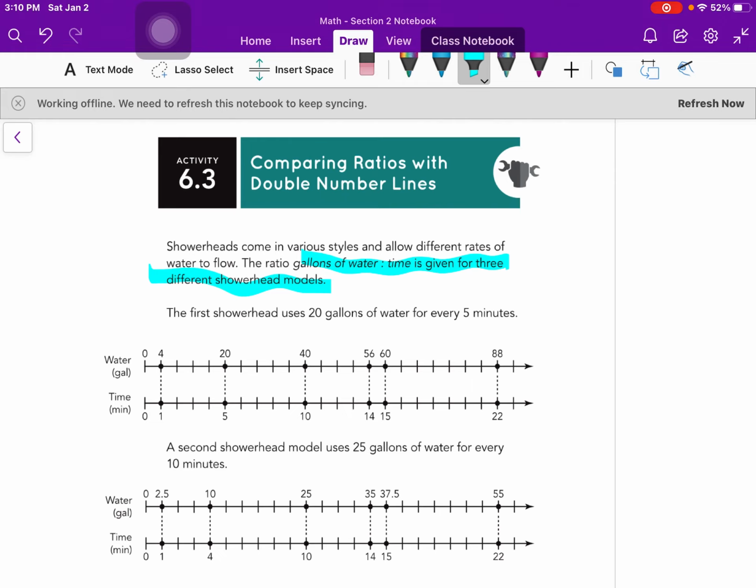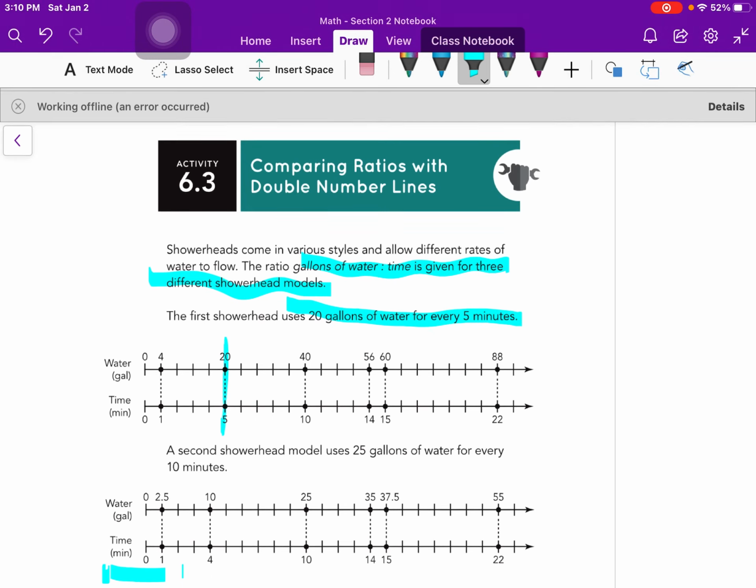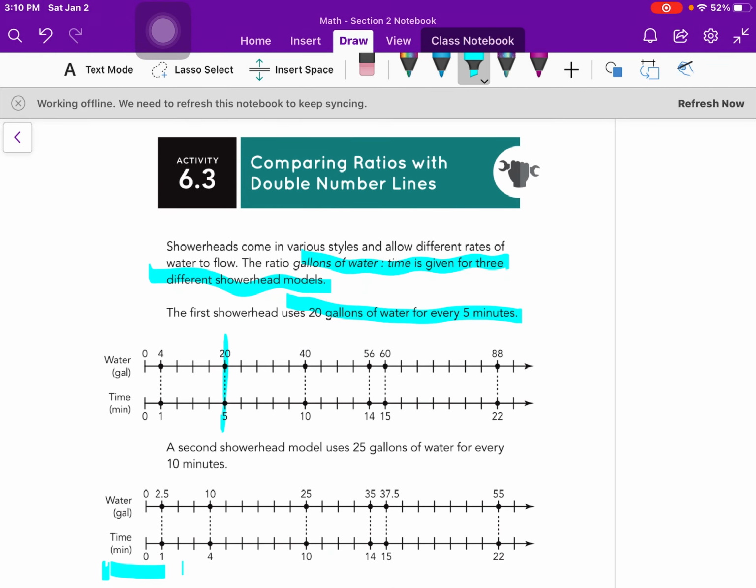So the first shower head uses 20 gallons of water for 5 minutes. So you can see they put that on there, 20 gallons for 5 minutes. And they put in some various other amounts, 4 gallons for 1 minute, 40 gallons for 10 minutes, 56 for 14, 60 for 15, 88 for 22.